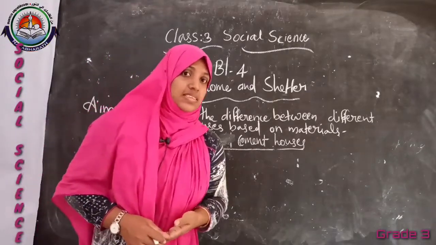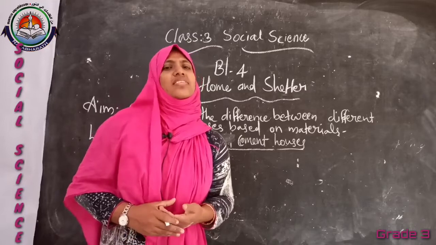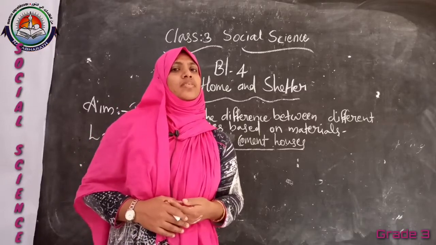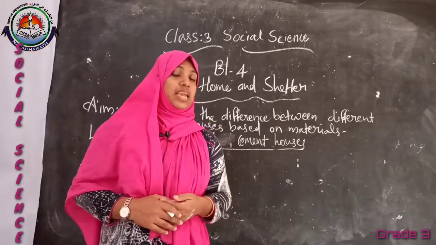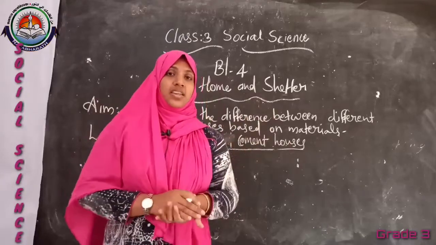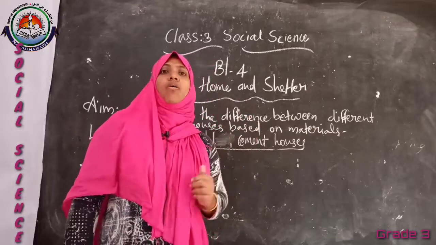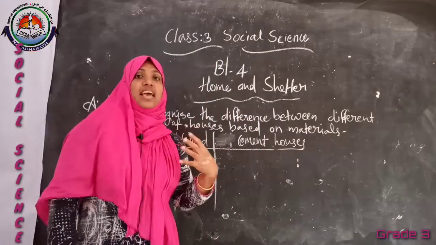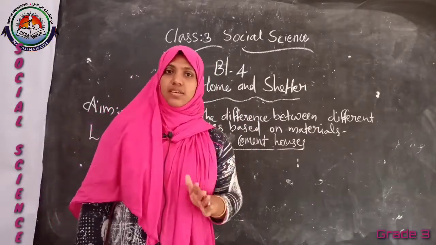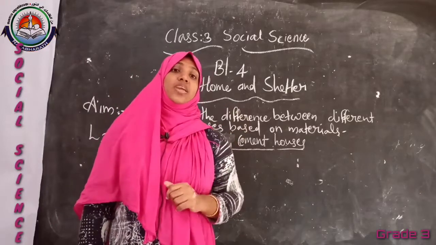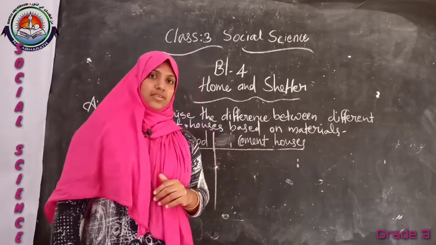Do you know what is desert? Yes, desert means sandy area with extreme climate, extreme hot climate and sandy soil. That is desert. In India, there is only one desert.